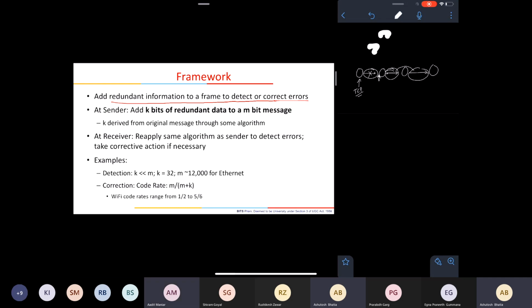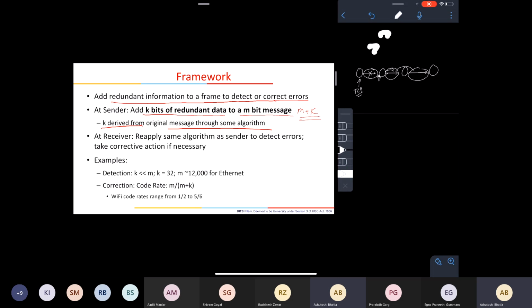Yes, yes. Okay. So basically, in general, a sender adds k bits of redundant data to m bits of message. So technically, when you are sending m bits of message, it becomes m plus k bits. Now k is usually derived from the original message through some algorithm that we will see later. You attach these k bits to the data.